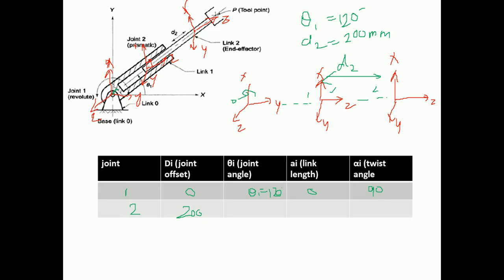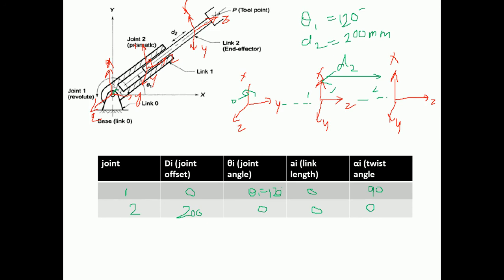But in this question you can see that both frames are aligned with each other, x to x, y to y, and z to z. With respect to this, there is no joint angle, link length, or twist angle to be found out, so all the values of these DH parameters should be 0.